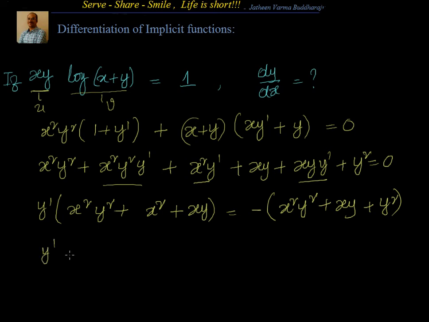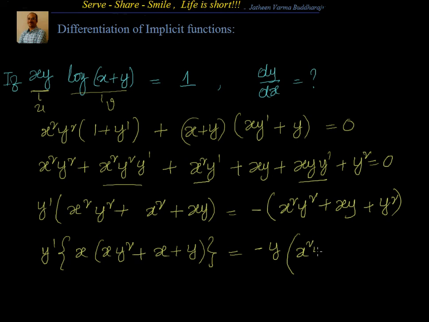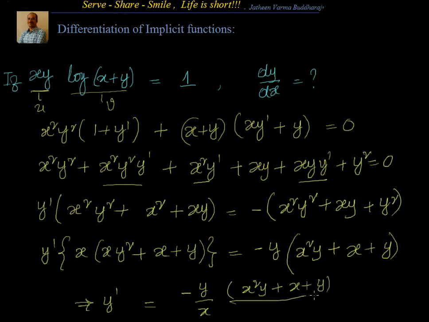Our next step will be, we can take y dash into x common, we will have x into xy square plus x plus y equal to, we can take y common here, minus of y into x square y plus x plus y, or y dash equal to minus of y by x into x square y plus x plus y divided by xy square plus x plus y.